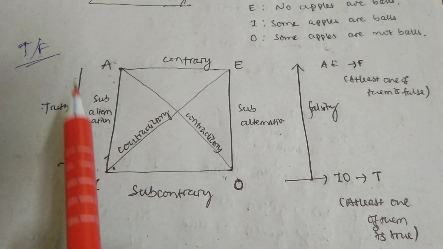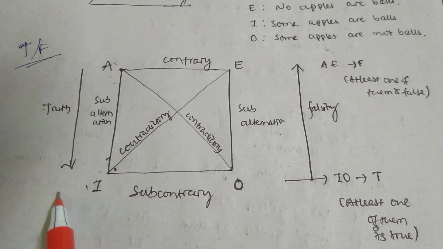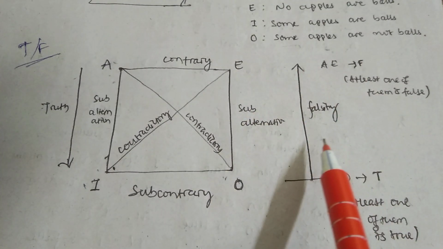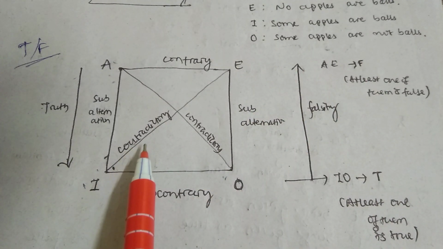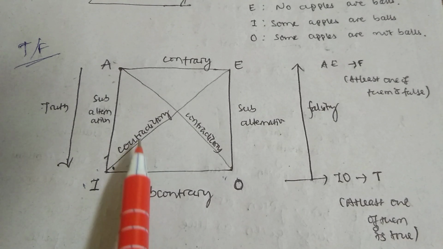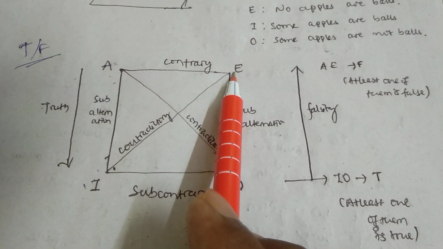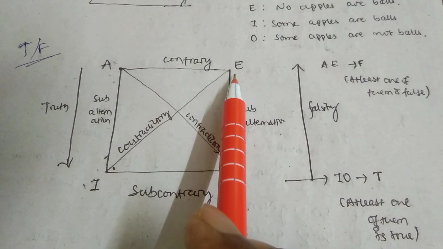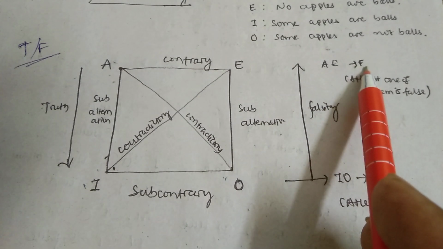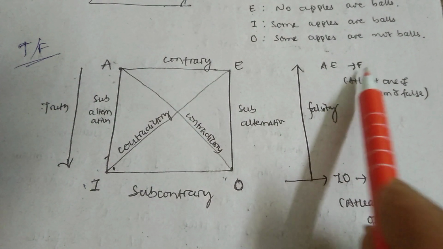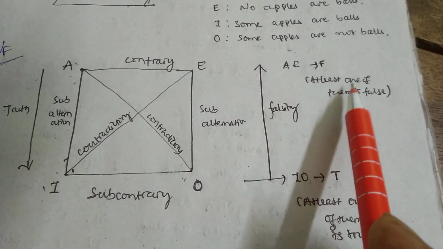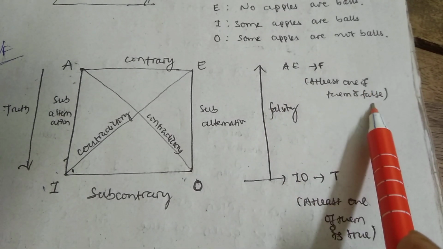Our truth value goes downwards and false value goes upwards. From here we need to remember another thing also. For A and E, at least one of them is false.